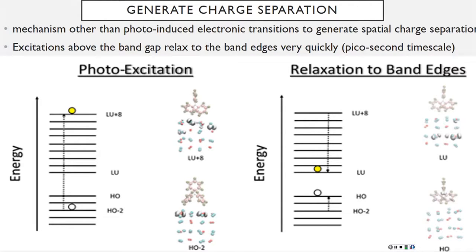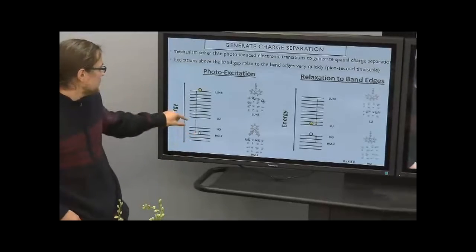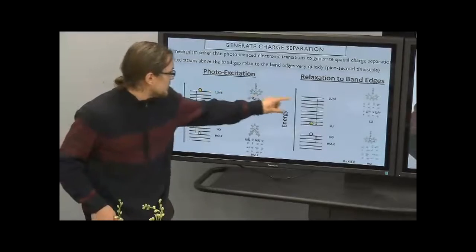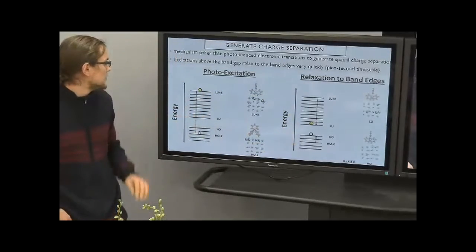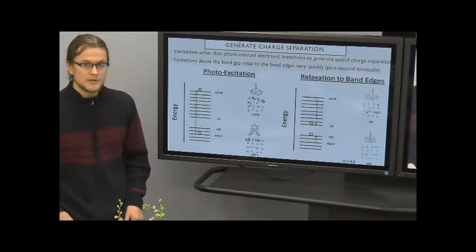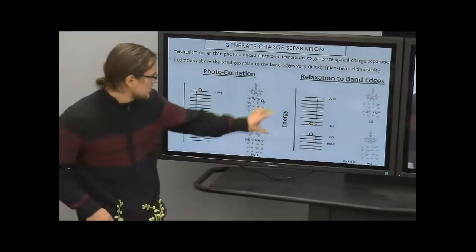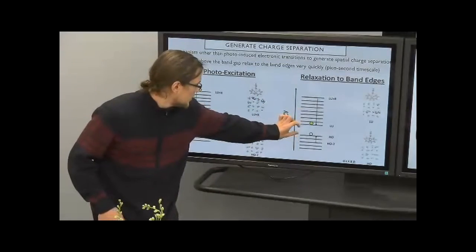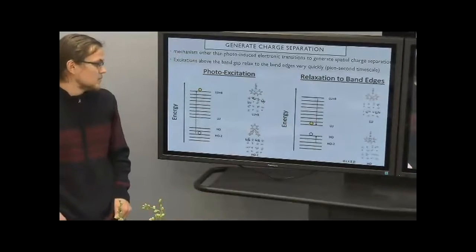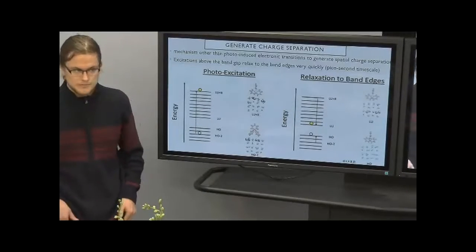This is a very unstable state, and the electron will want to come back down and try to get into equilibrium. To do that, it will relax to the band edges, which happens approximately on the picosecond level. If both the electron and the hole come to the band gaps, that will produce spatially separated charges.